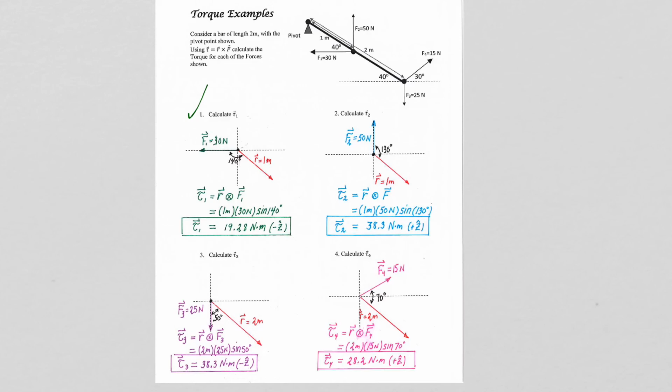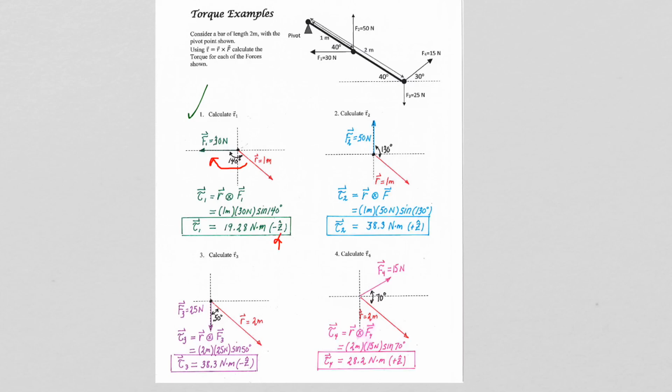So this first one is a little tricky, right? Your index finger of your right hand is going to be in the R, but here we have to kind of reverse karate chop and really twist around and then curl in the direction of F to get our thumb into the paper to have the negative z-hat.